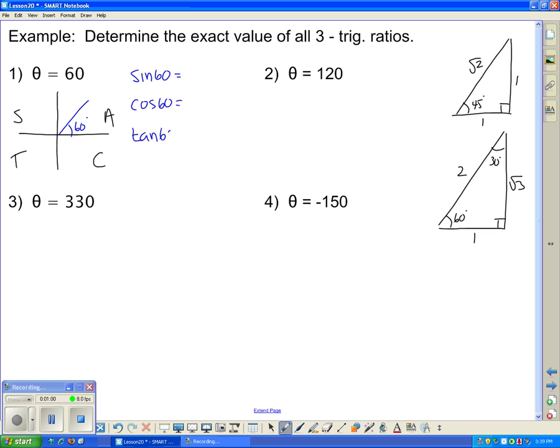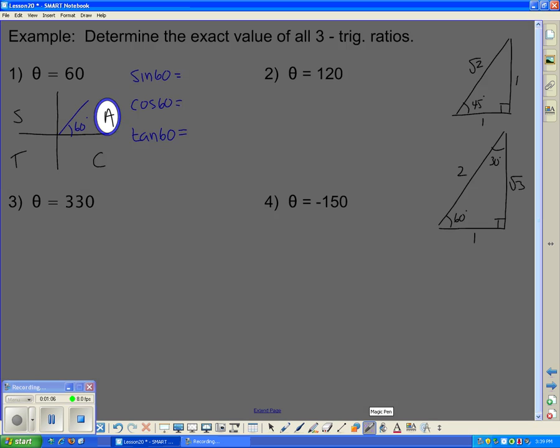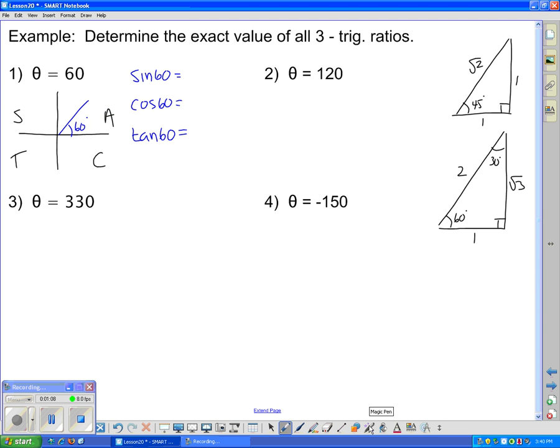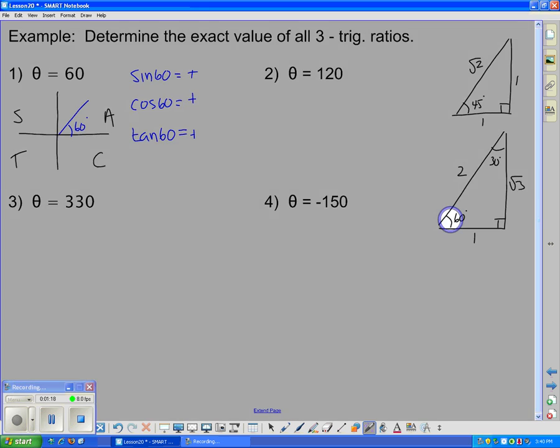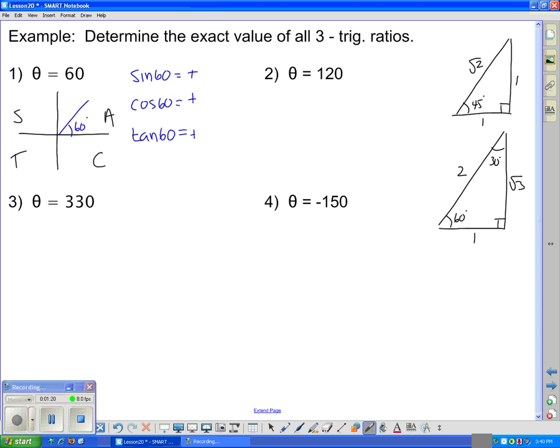So starting with something you're comfortable with. In that quadrant, the A indicates that all ratios will be positive. So that means I know every ratio is going to be positive. Now I'm going over to my 60-degree angle. So I'm going to use this triangle, and specifically, here's my reference angle to build the 3 ratios.